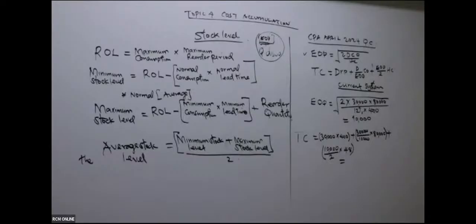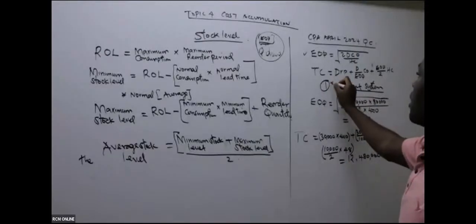Total cost is 12 million 480,000. So that's number one, current system.